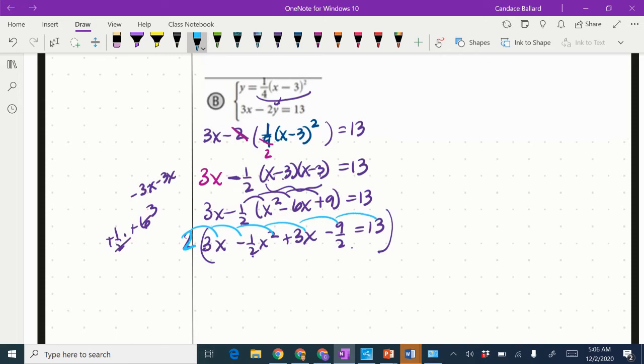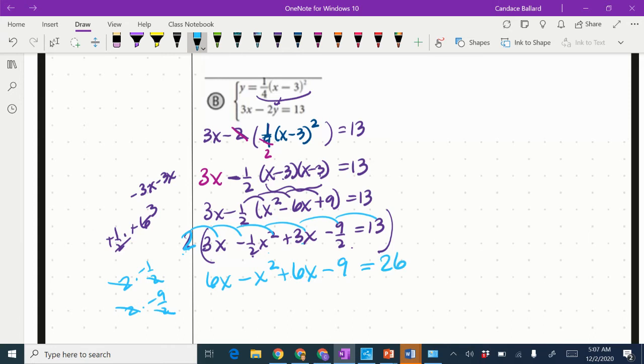So 2 times 3x is 6x. 2 times negative 1/2 x squared is just going to be negative 1x squared. 2 times 3x is 6x. 2 times negative 9/2 would be negative 9 equals, and then 2 times 13 is 26.